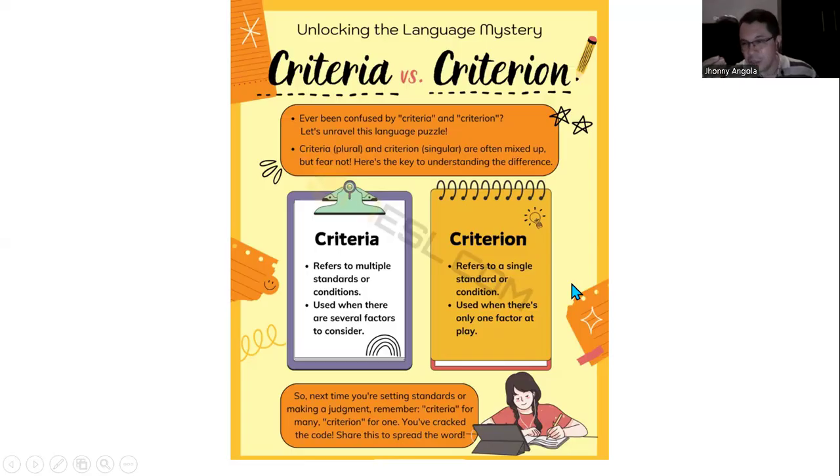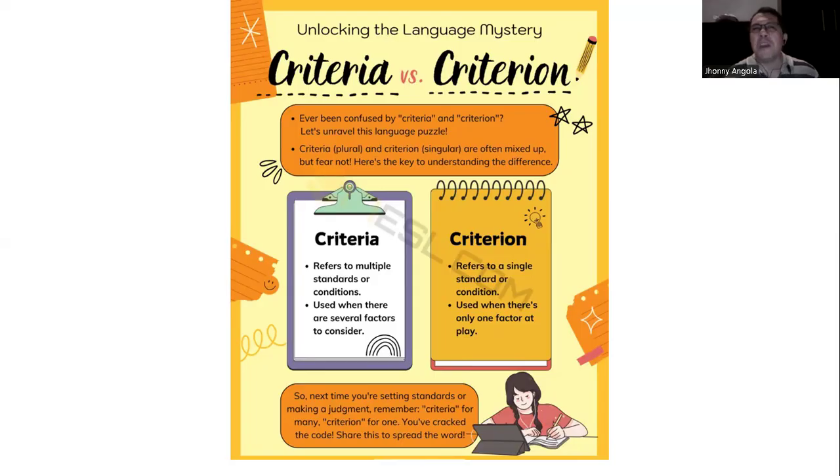In this case, it is singular, just one. It refers to a single standard or condition used when there's only one factor at play. For example, the most important criterion that you as a teacher use to evaluate the speaking skill is pronunciation, right?